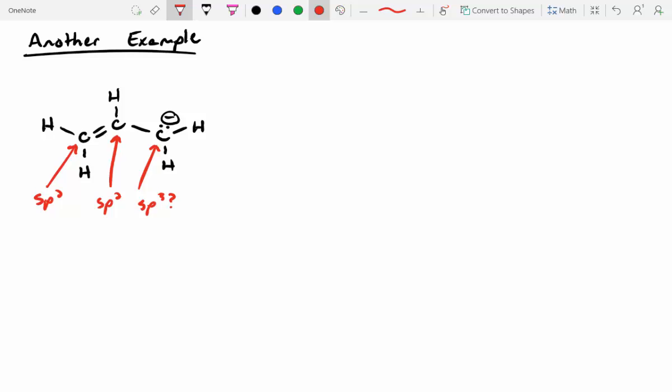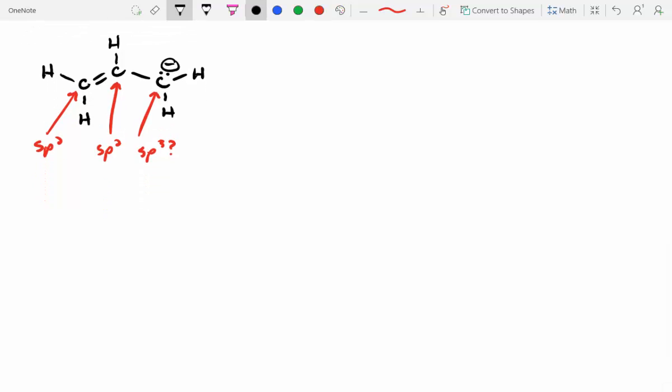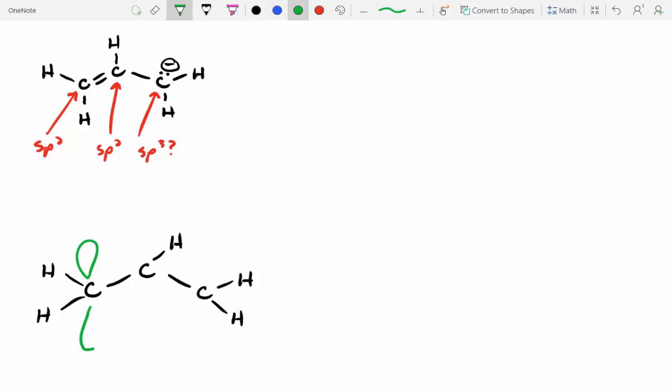Let's take a look at this using the molecular orbital picture. So I'll draw it down here. I'll have a carbon, carbon, carbon. And off of these two carbons over here, we know we've got p orbitals sticking straight up and down. So we're forming some sort of pi bond.